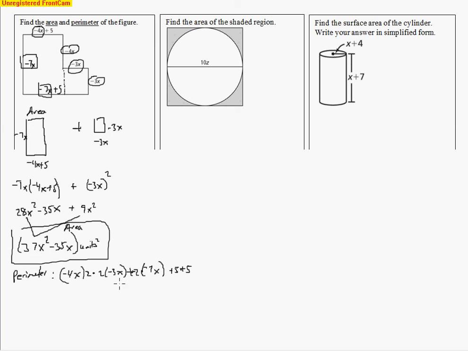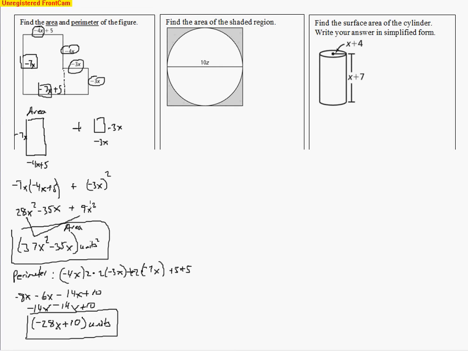And when I do this, I've got negative 8x, a negative 6x, and a negative 14x, and then plus the 10. And so I'll collect these terms, and that makes negative 14x minus 14x plus 10. And together that makes a negative 28x plus 10. And these are units. I don't know what the units are, so I'll just write units. And this is the perimeter.